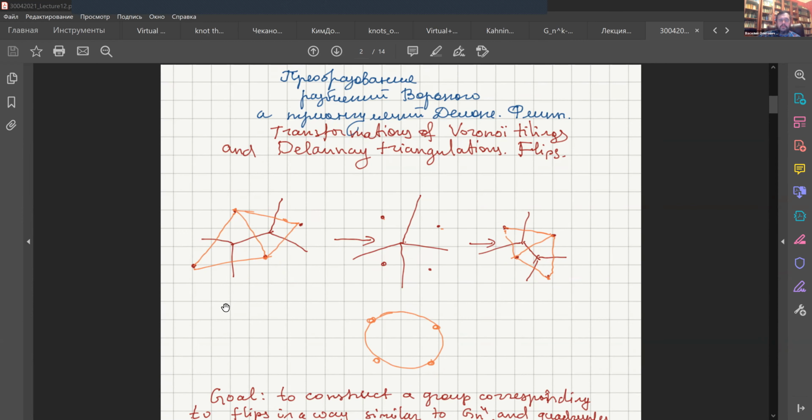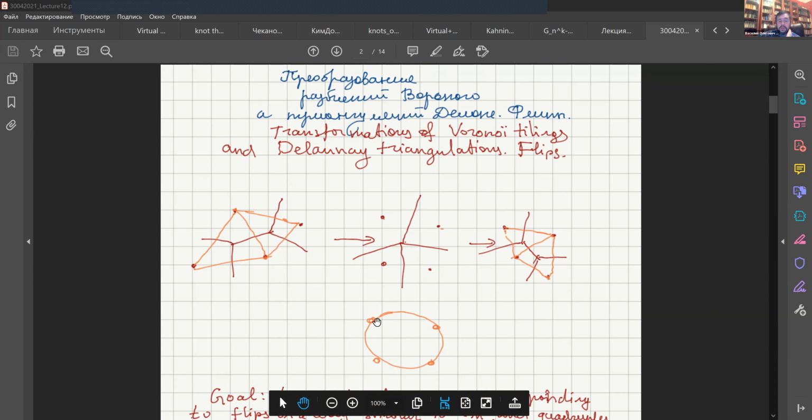Here, the most interesting situation is when we pass through this situation when 4 points are vertices of some inscribed quadrilateral. And what is important here is that those 4 points should be adjacent in the sense that there is no point inside this circle.